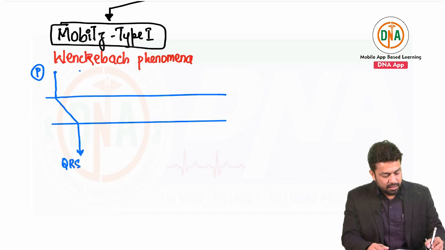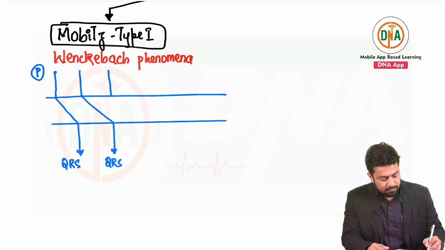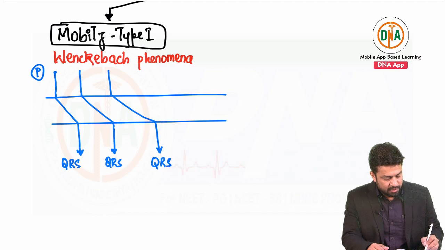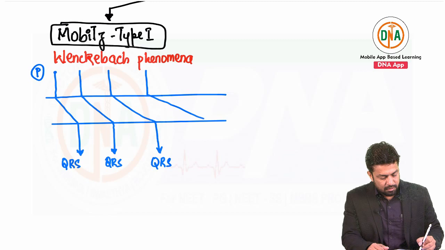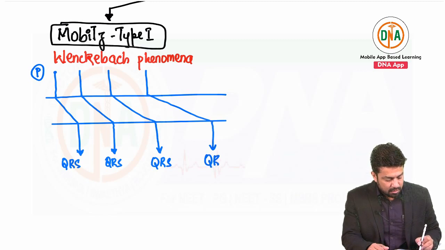Then the next beat will come, there will be a delay followed by a QRS complex. Then the next beat will come, the delay in the AV node will increase more, but the QRS complex will be given out. Then the next beat will come, the delay will be much more, followed by the QRS complex.